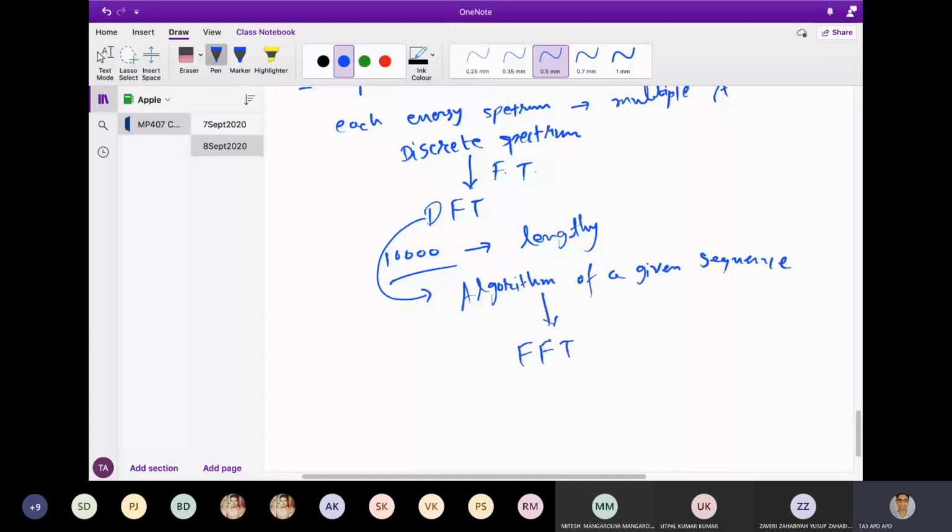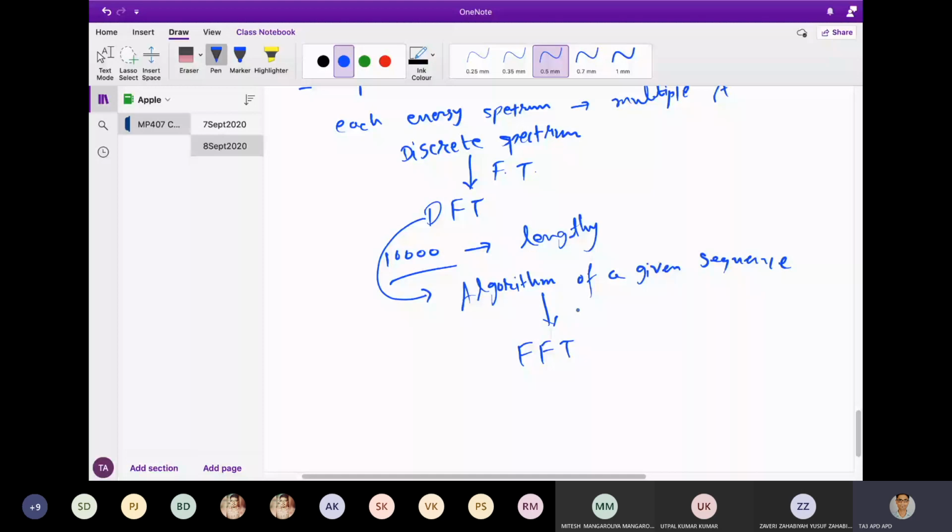And these things are generally done in computer software. Maybe you can do it on MATLAB, or there are many different softwares. Python is there, Maple is there, Mathematica is there. So there are plenty of such softwares, and one can perform all these operations in them and obtain the Fourier transform very easily.